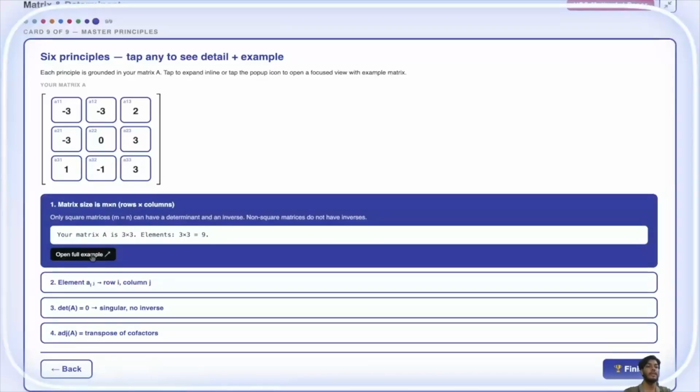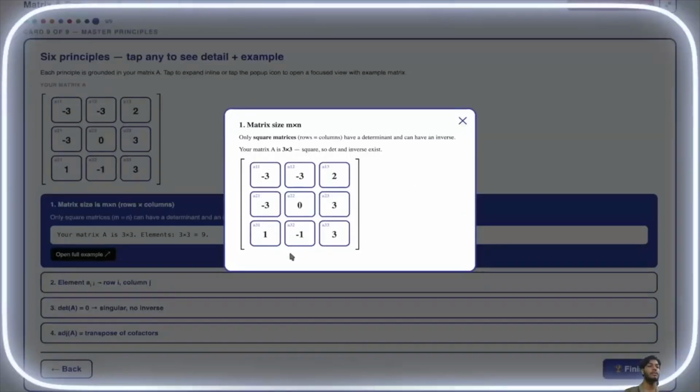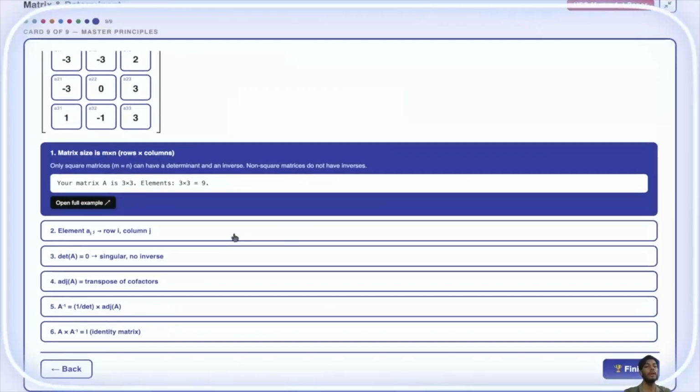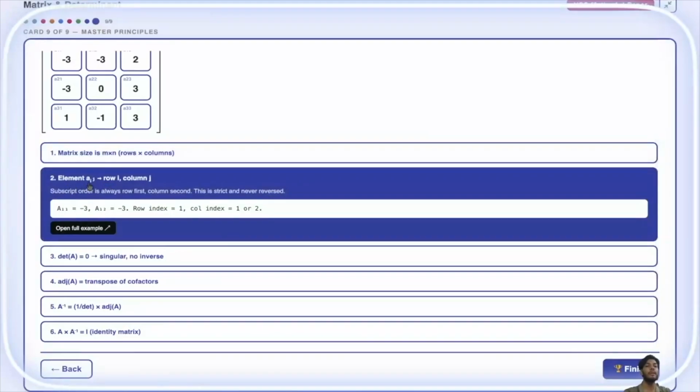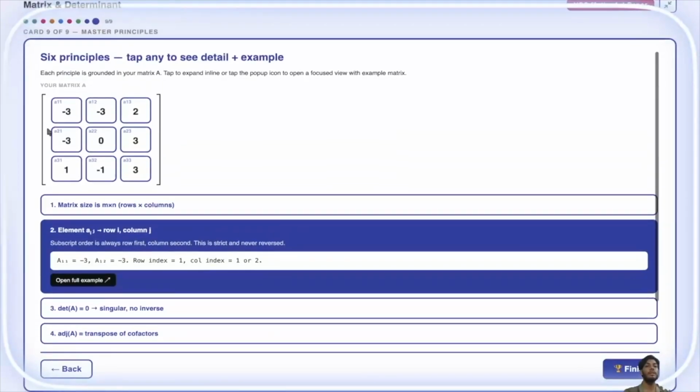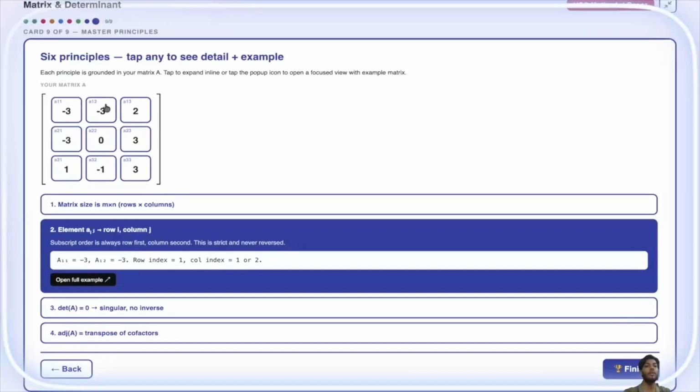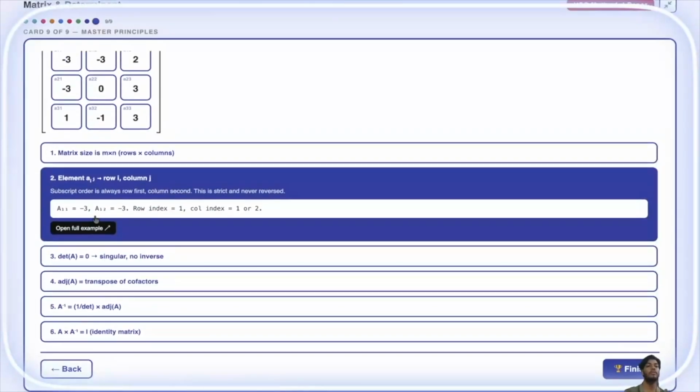So basically its order or size is 3 by 3 since it has 3 rows and 3 columns. Then there are the elements, you can see here a11, a12, a13. We denote the elements of a matrix this way. Here 11, 12 is not some random number. The first one refers to its row number and the second one is its column number. Here 2 is its column number. Here 3 is its column number. So these are not random things.